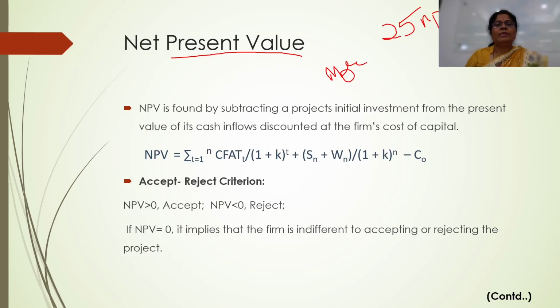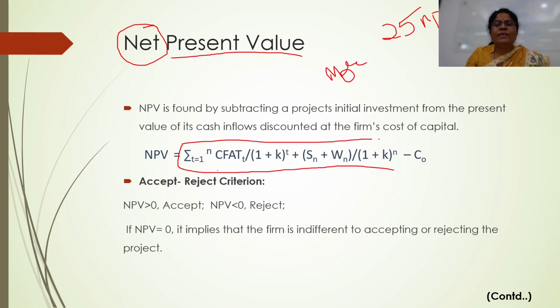So net present value. As you know, there is a lot of difference between net and gross, right? Net is possible only after some deductions, like investments or expenses. So net present value is calculated from our cash inflows, and from these cash inflows we have to deduct the cash outlay.